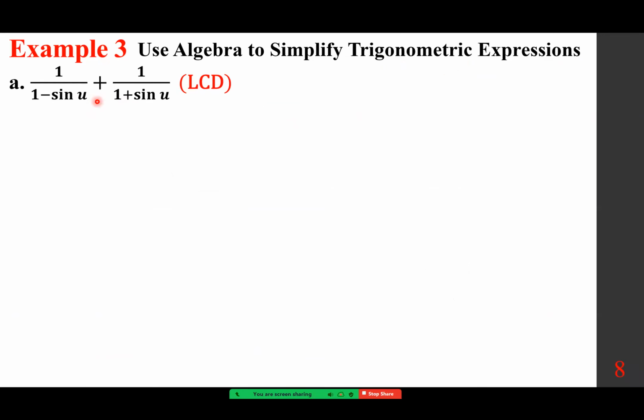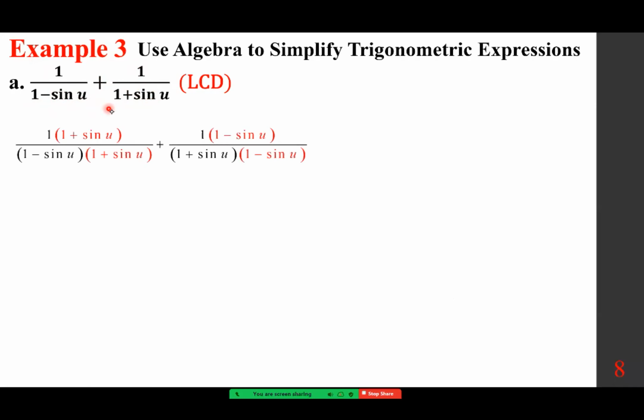So in order to add those up, this we will multiply by 1 plus sine u. So 1 times 1 plus sine u plus 1 times 1 minus sine u, and the least common denominator is the product of the two.